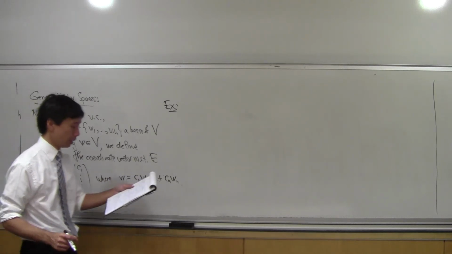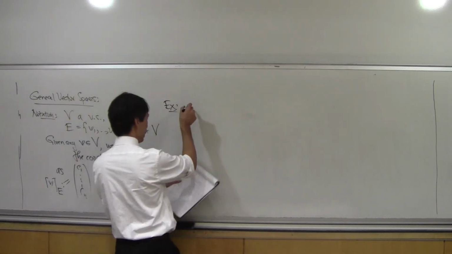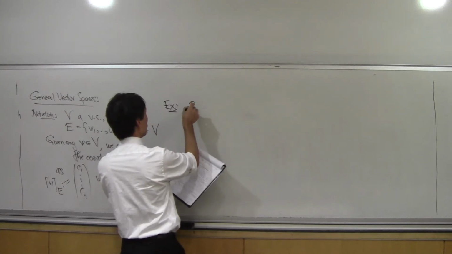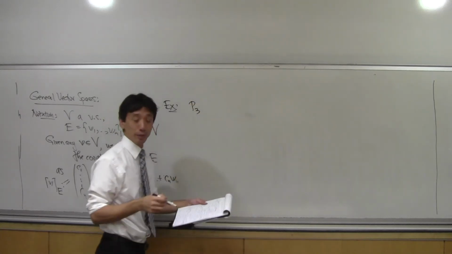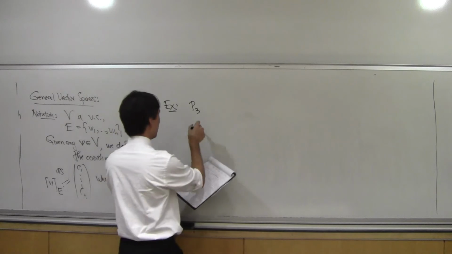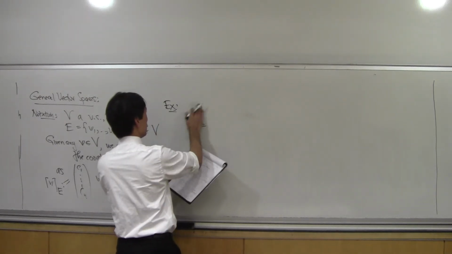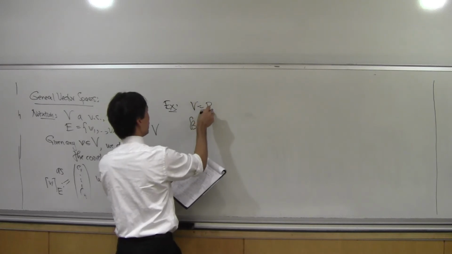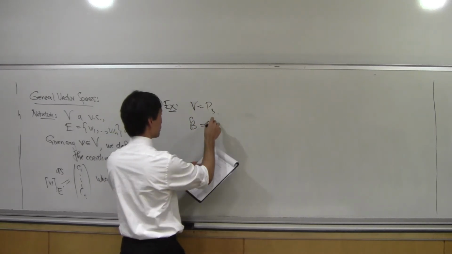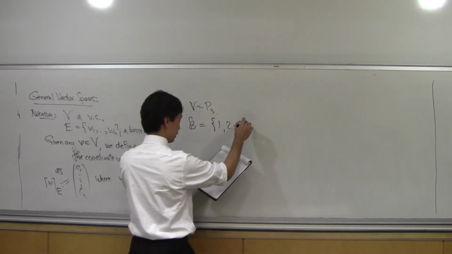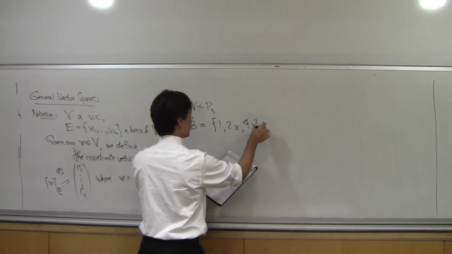Okay. So for example, if we are in P3, polynomials of degree less than 3, to get a basis, V is P3, we have a basis 1, 2x, 4x squared minus 2.